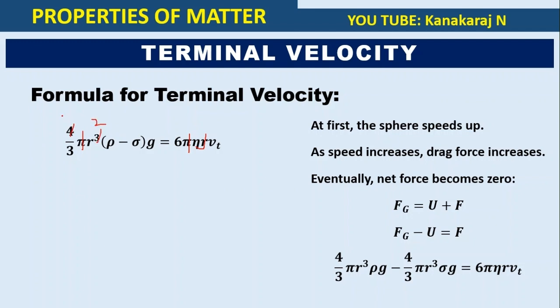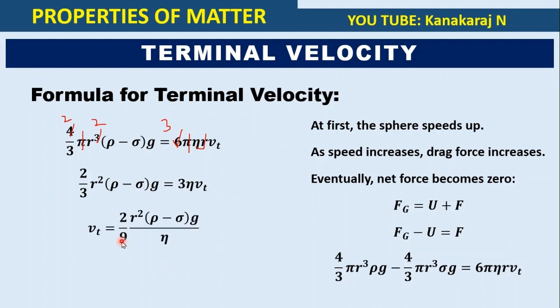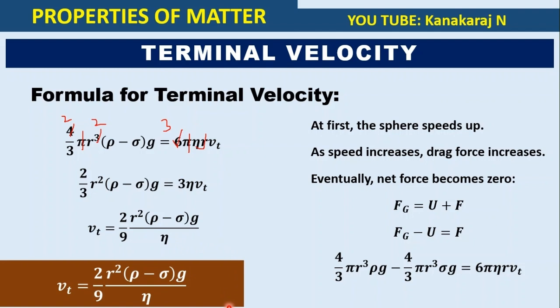And this will go 2 times 2 and this will go 3 times 3. So 2 upon 3 times r square, rho minus sigma, g equals 3 times eta Vt. Vt equals 2 upon 9 times r square, in brackets rho minus sigma, times g upon eta. It's a very important formula. Vt equals 2 upon 9 multiplied by r square multiplied by rho minus sigma times g upon eta.